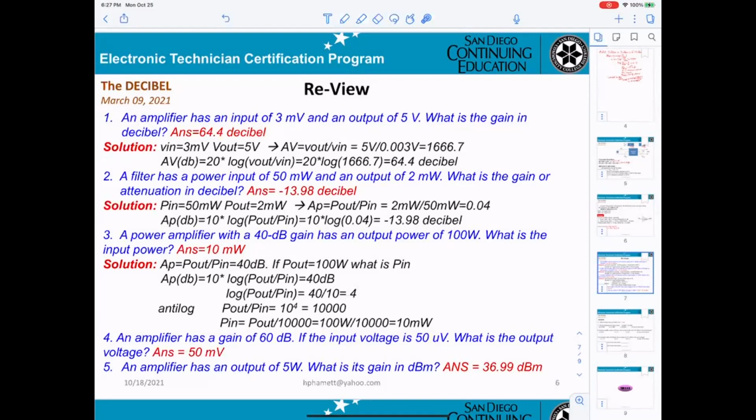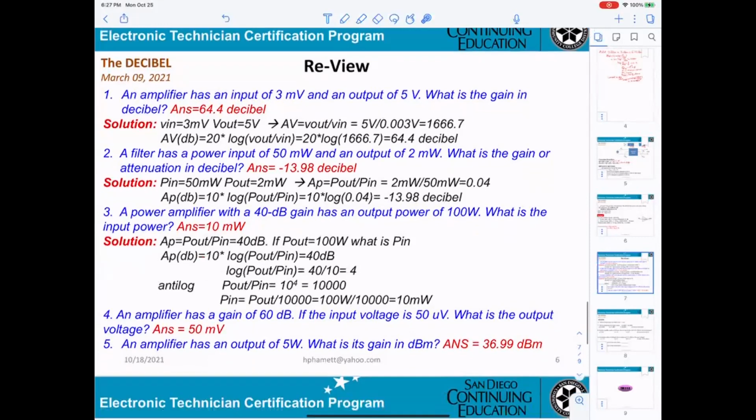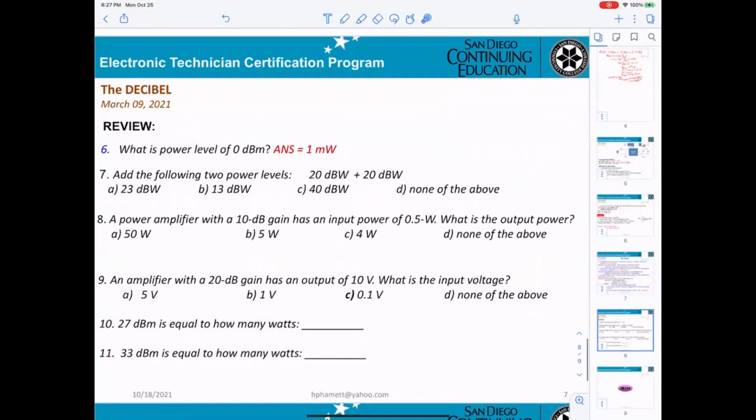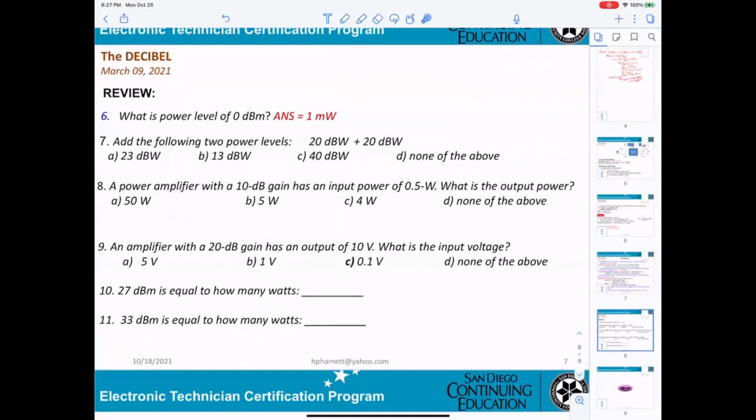Okay, so after number 1, number 2, number 3, with the solution, you must get through it. Then you can do later in your time number 4, number 5. And also you try to do your review, number 6, 7, 8, 9, 10, and 11.